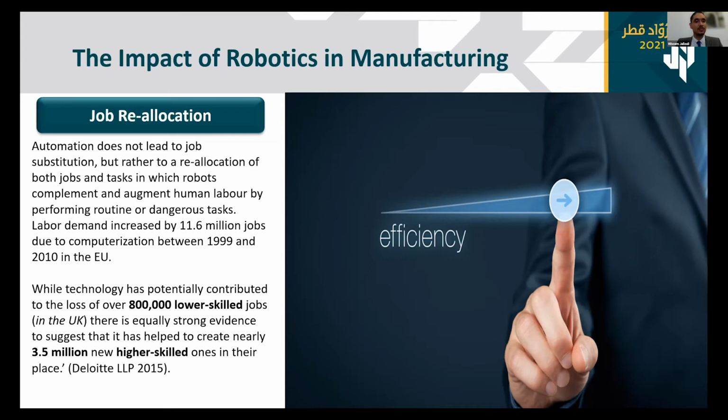While technology potentially contributed to the loss of over 800,000 lower-skilled jobs, this loss was transformed into 3.5 million new higher-skilled jobs. So we are moving from labor only making pick and place, a very low-skill activity, which could be substituted by a robot, while we can train this labor for higher and more skilled work.